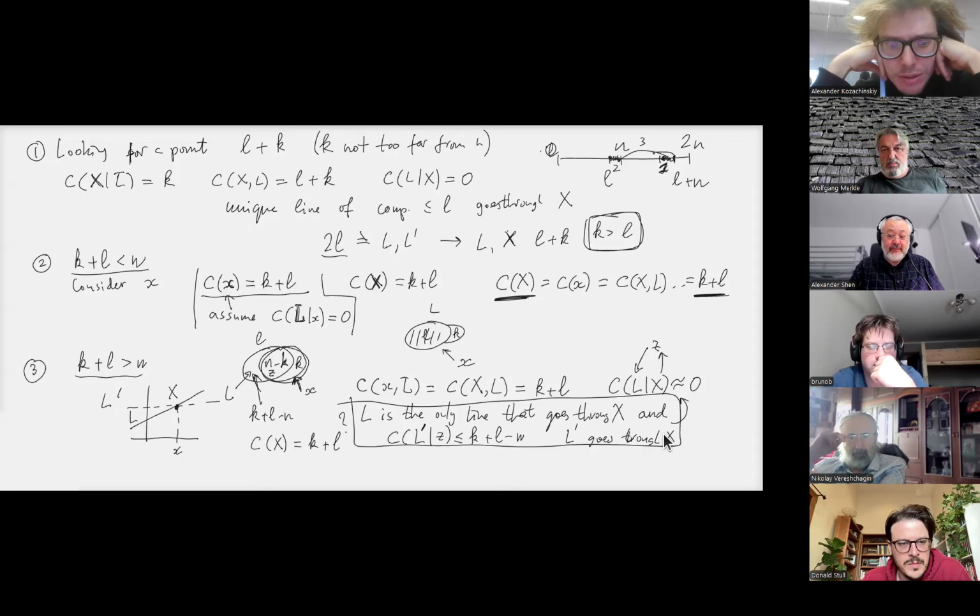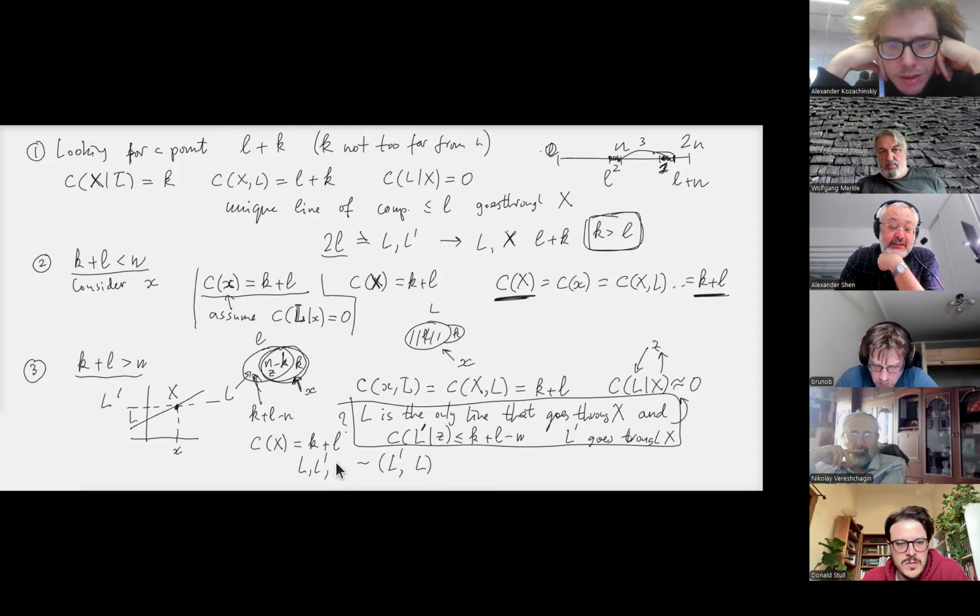I guess you should somehow say that given L, you can describe X shorter than it's supposed to be by describing L prime somehow. If we know L and L prime, then we know X, because X is their intersection point.